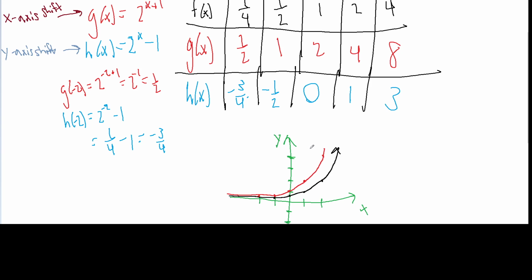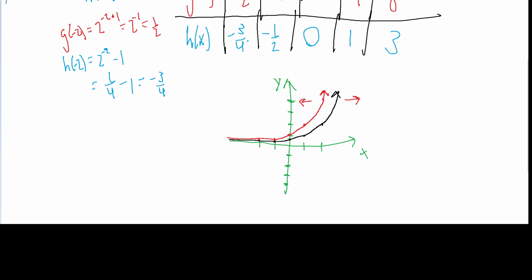So you can see that the exponential growth is the exact same, but everything is shifted to the left. It's a shift in the x-axis, but it's to the left. If it were negative, so if I had 2 to the x minus 1, everything would be shifted to the right.